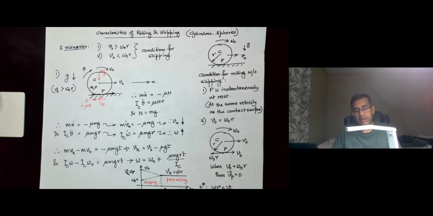And keep in mind that the situation we are trying to analyze is that we are giving different types of initial conditions, and we are trying to see how the motion is going to evolve.